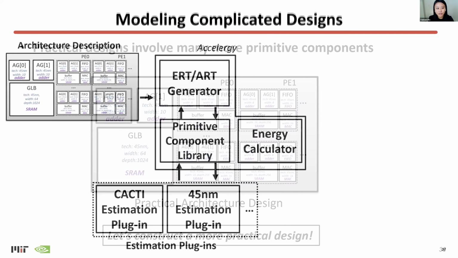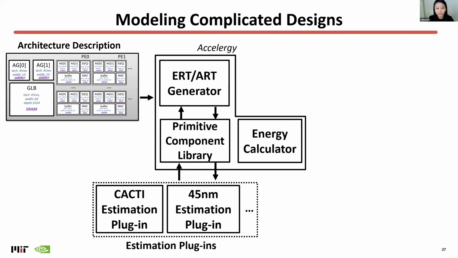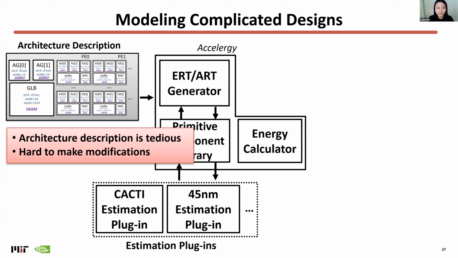So now let's send this architecture description into Accelergy. As you probably have realized, we have a much more tedious architecture description. If you want to make a modification to this architecture description, you have to navigate through all these primitive components involved in the design, and it can be hard to make modifications and is very error prone.